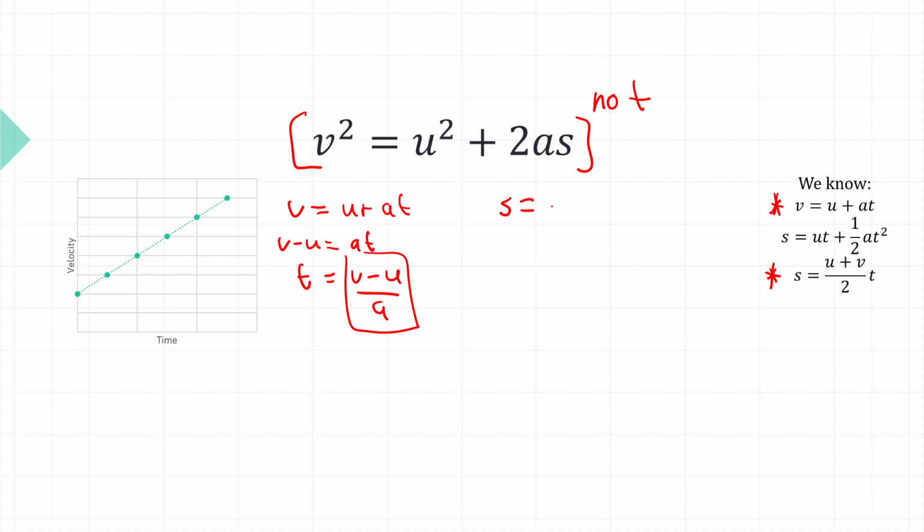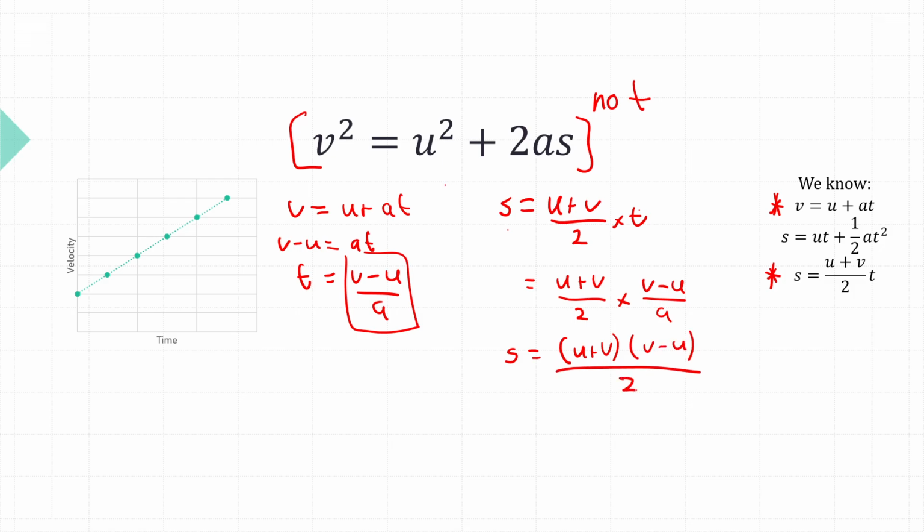So s is equal to u plus v over 2 times t. And when I substitute in t, that's going to be u plus v over 2 times v minus u over a. Now, combining those two fractions together, that gives us s is equal to u plus v, all multiplied by v minus u over 2a.